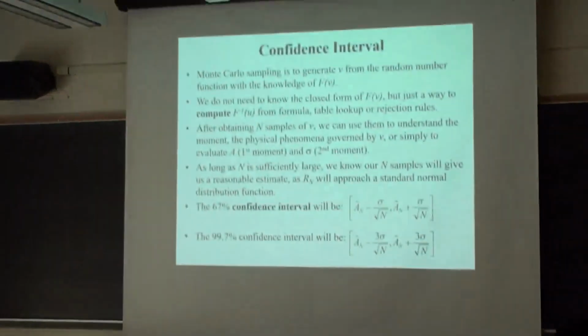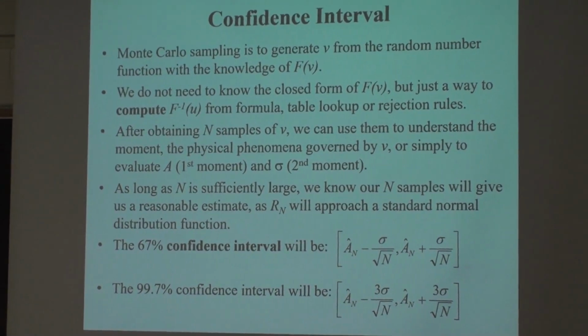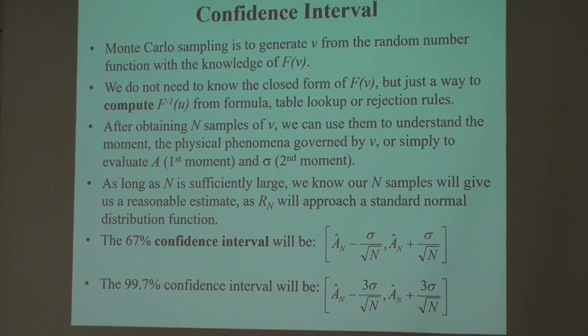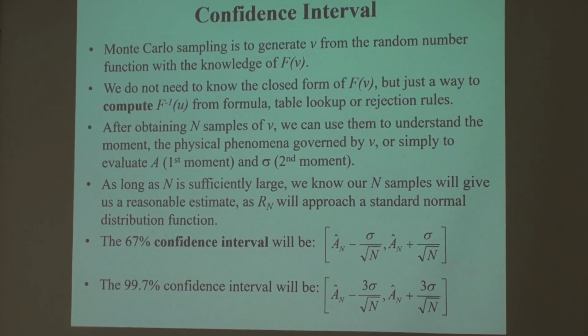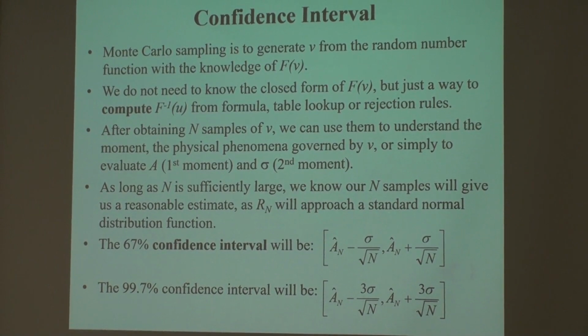So let's now turn to the use of Monte Carlo, which is something that gives you a confidence interval. I can use Monte Carlo to generate a V that follows my desired probability.